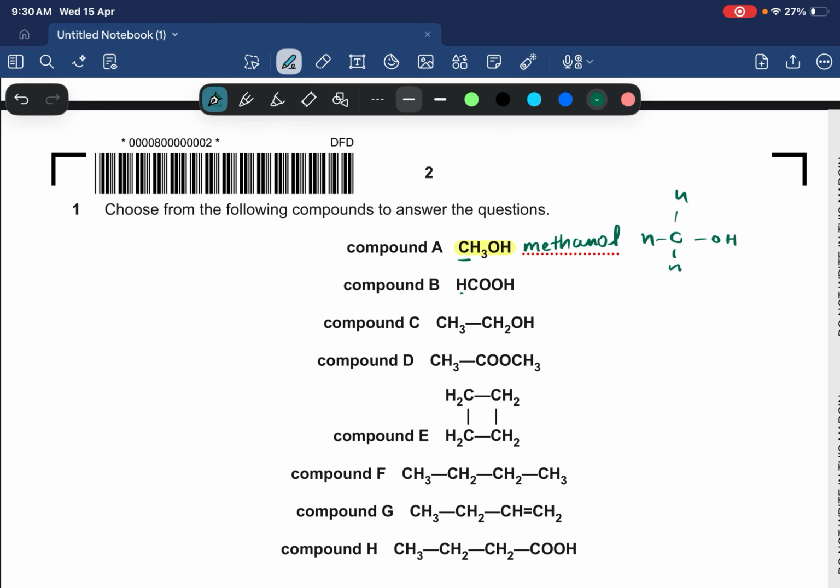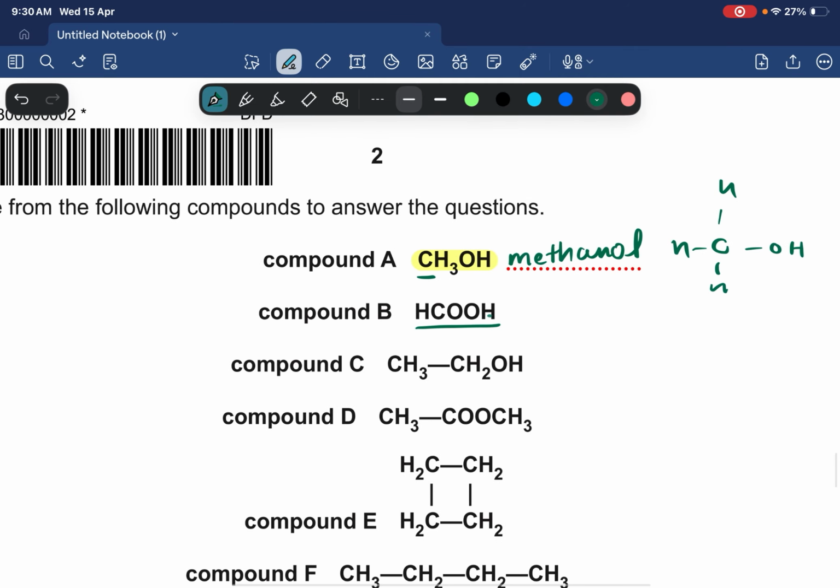It's an alcohol. Second, you might feel a little intimidated by the double bond O and all this, but it's very simple. Look, it's methanoic acid. There is a C. This double O means one O is double bonded to the carbon and the other O is single bonded to the carbon and it has an H attached to it. So this C double bond O, don't be intimidated by it.